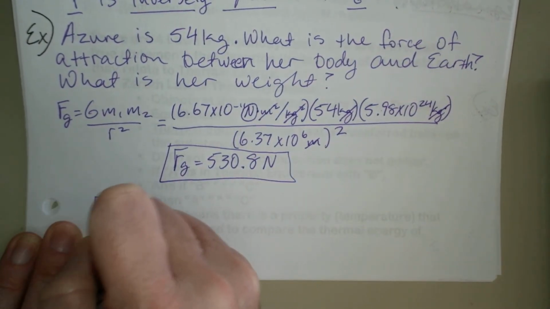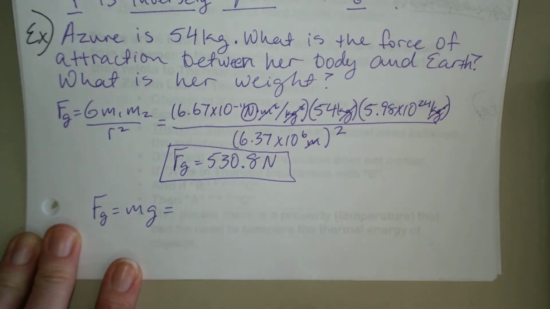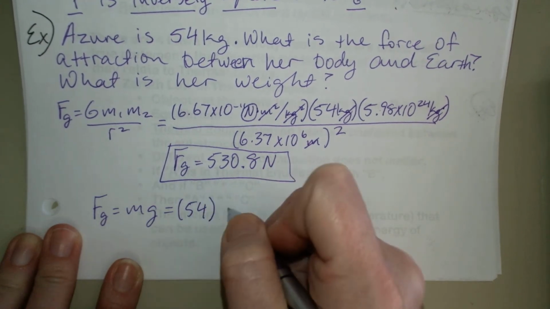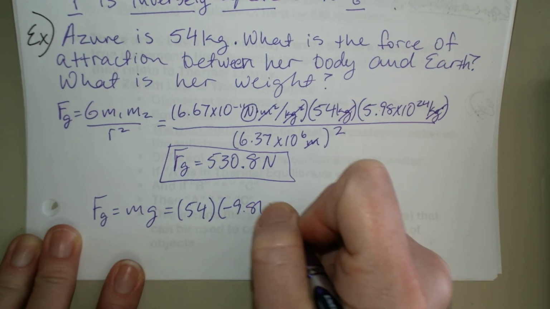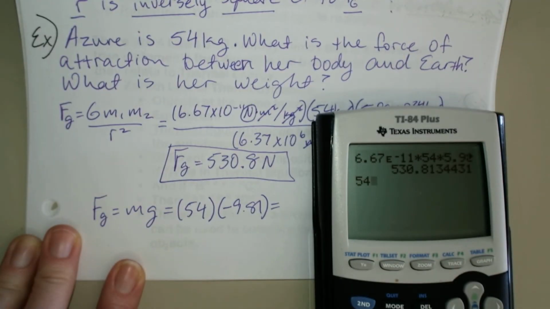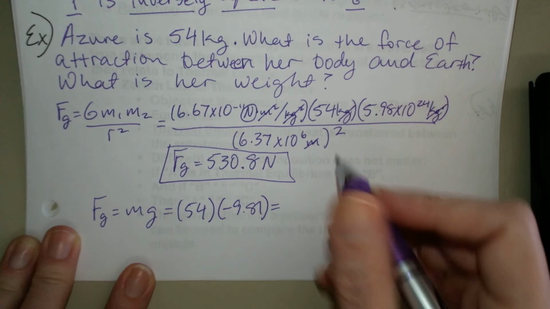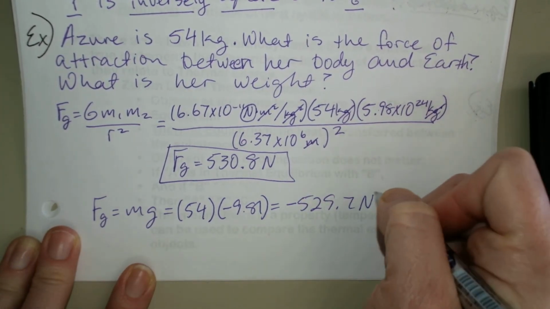Weight is Fg equals mg. So 54 times negative 9.81 is negative 529.7 newtons.